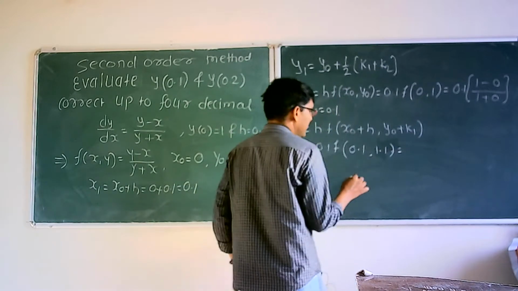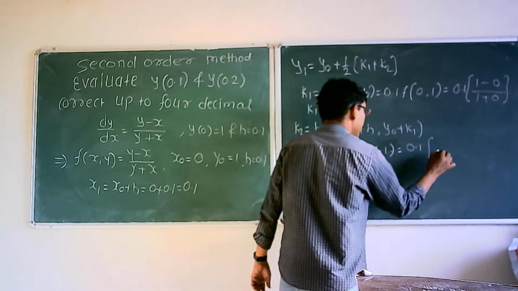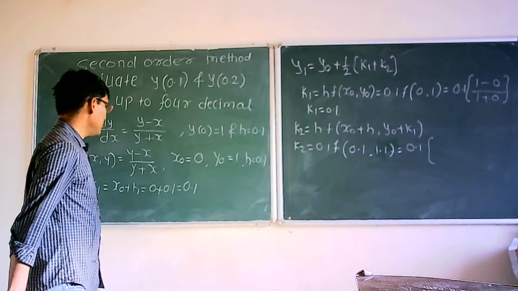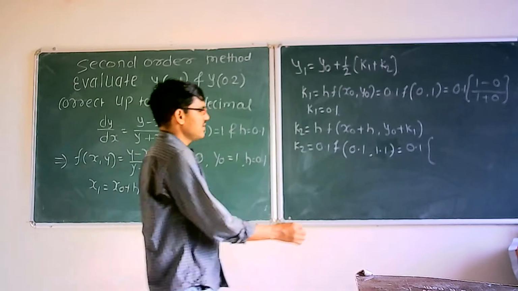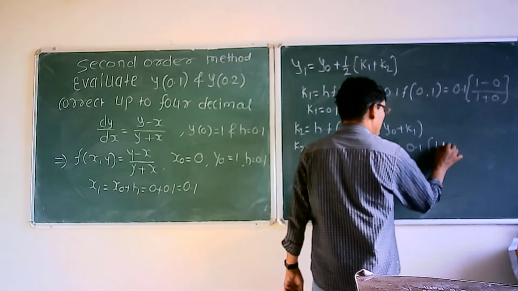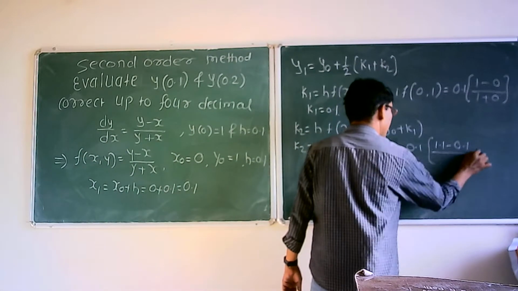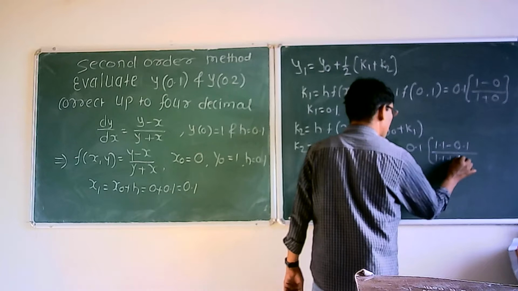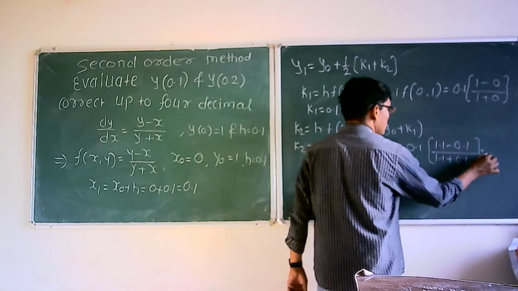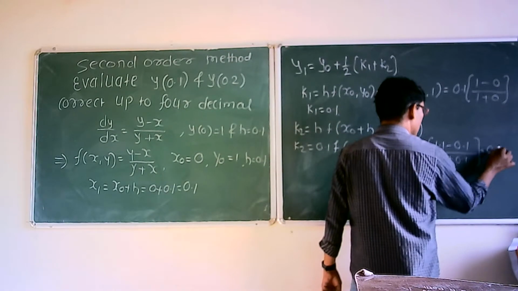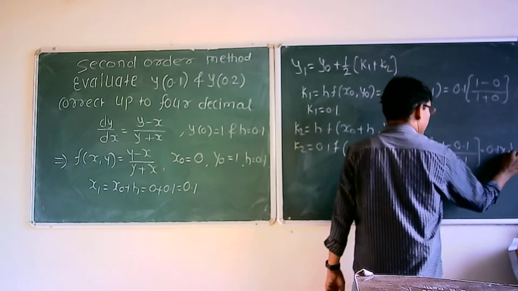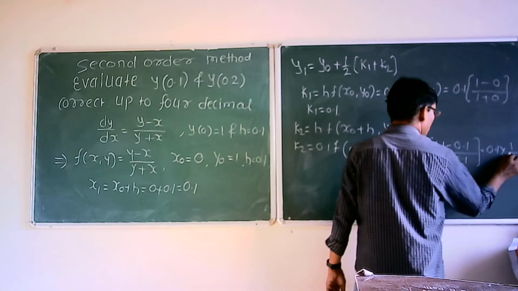If we evaluate this, it is 0.1 inside the bracket, y minus x, which means 1.1 minus 0.1 divided by 1.1 plus 0.1. So this is equal to 0.1 into 1 divided by 1.2.